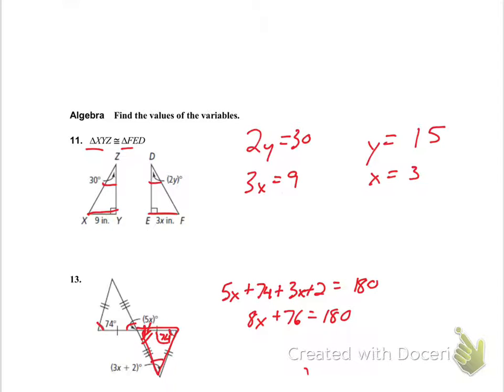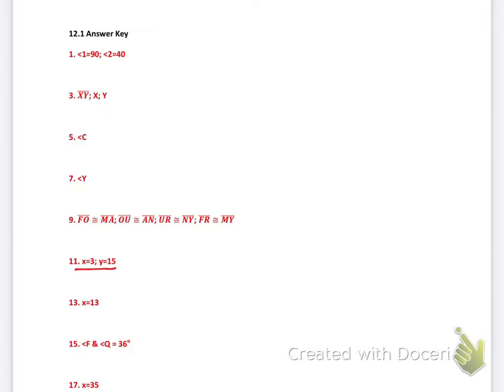And then I'll get my calculator: 180 minus 76 is equal to 104, divided by 8 is equal to 13. So x is equal to 13, and that's the only variable in this one. Let's check our answer. 13, x is equal to 13.